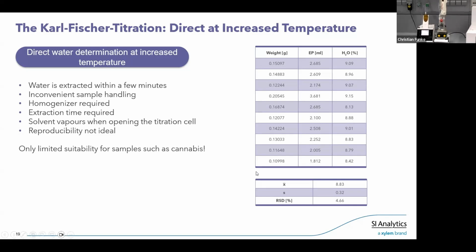So therefore we get the results you can see on the slide now. So the mean value is at 8.8%, but the RSD is quite poor at above 4.5%. So it's possible, but let's say not ideal.